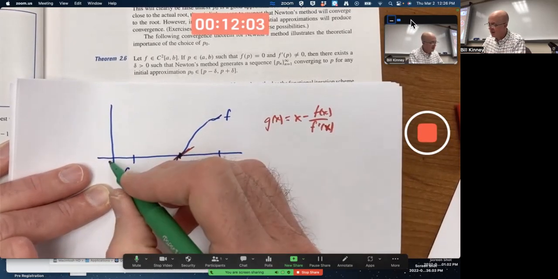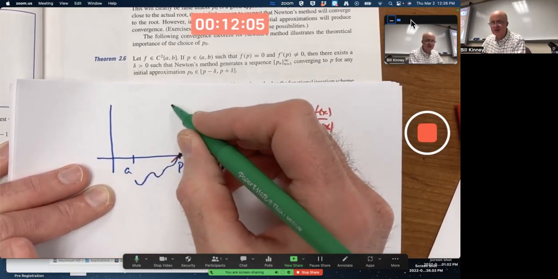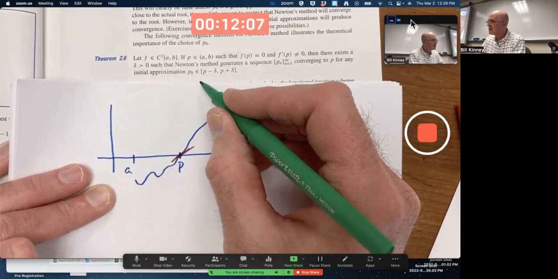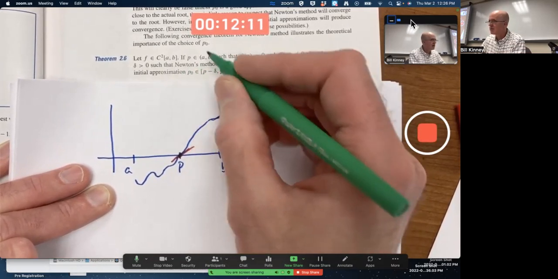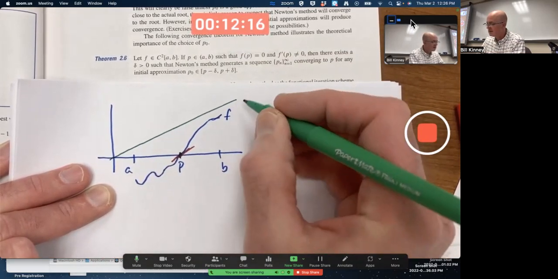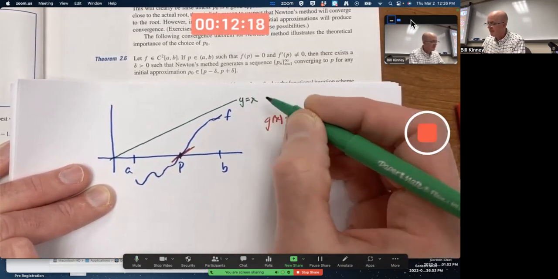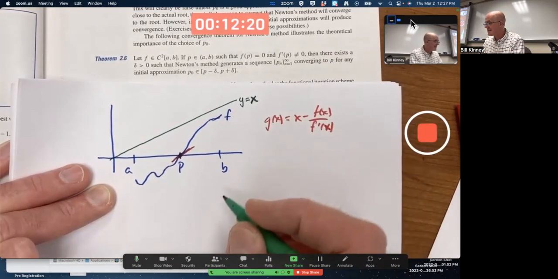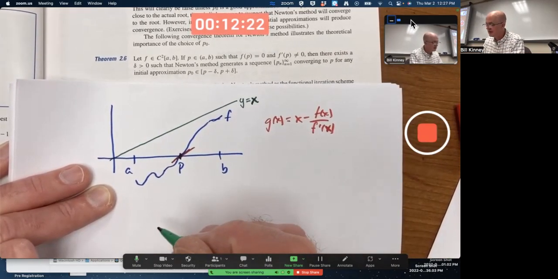Okay, so, usually your y equals x line should be drawn at a 45-degree angle if the scales on the axes are the same. But if I do that, I'm going to go off the paper here. So let me draw y equals x at not a 45-degree angle, which if the scales on your axes are different, it very well could look like it's not 45 degrees.